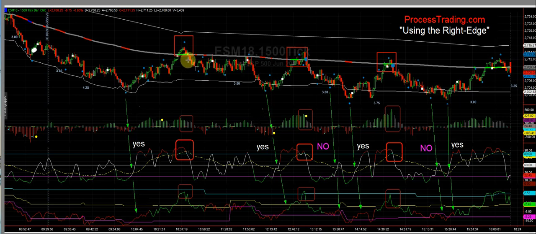The reason that you do that is so that you're going to buy into strength and sell into weakness. In this case, all these trades were successful. Now, since the VWAP was gray, and we can trade the timing alert dots that are above the price bars, that says that these timing alert dots here were also available.